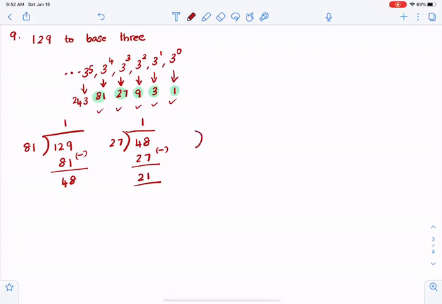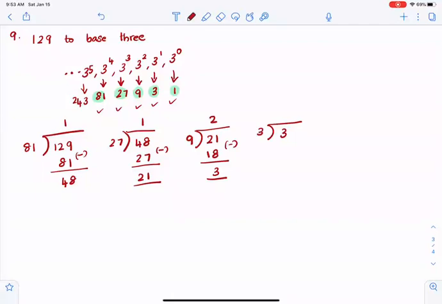I can proceed further. I can keep on going up to 4 divisions because I know I'm going to have 5 digits. So the next one, I'm going to divide by 9. 9 times 2 is 18. Subtract, I get 3. The next one would be 3, the remainder from the previous step.